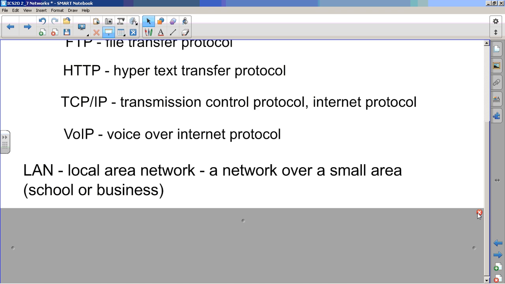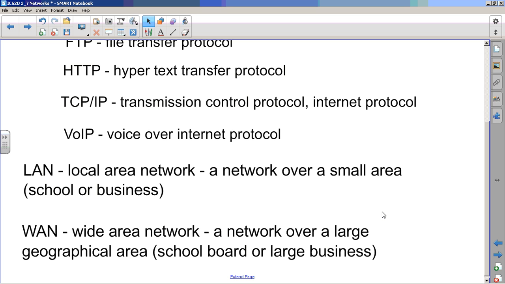The contrast to that is a WAN, Wide Area Network. It's a network over a large geographical area. For instance, our network at Northwestern, and the network at Central, and the network in Mitchell, and the network in Goderich, and the network in Wingham, F.E. Madill, all the schools for Avon Maitland are connected. Now we can't connect to those other schools specifically, but they are connected.